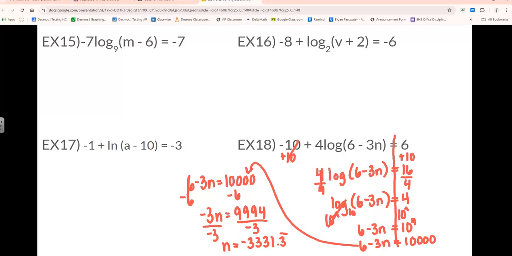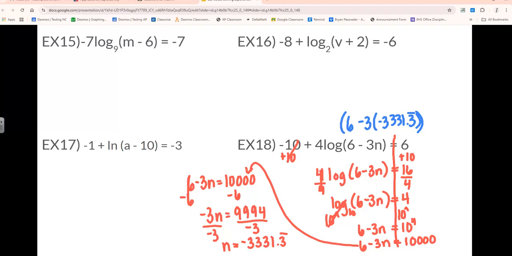Now, I will tell you this, these are really hard to check on Desmos because you're getting such a big number, you gotta zoom way out. So they are hard to do. The main thing you're looking for, though, is you can't have a negative inside the log. So if I look right here, if I do 6 minus 3 times negative 3,331.3 repeating, I don't even care what number it is. I care about whether it's positive or negative.